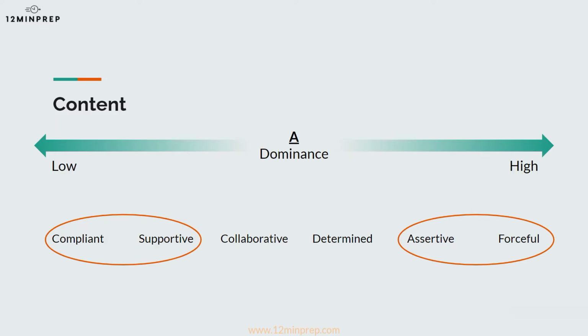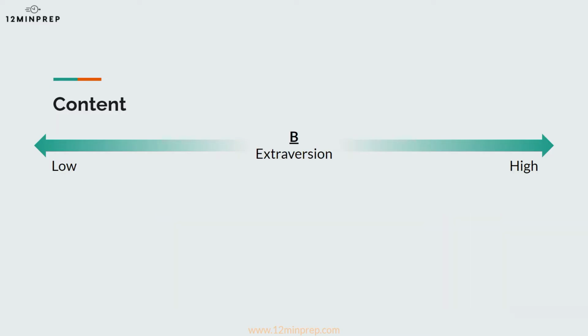Now let's look at some words that relate to extroversion. Extroversion is defined as the drive for social interaction. Some words that correspond with this trait from low extroversion to high extroversion are private, reflective, sociable, and influential. Next, let's look at some words that relate to patience. Patience is defined as the drive for consistency and stability.